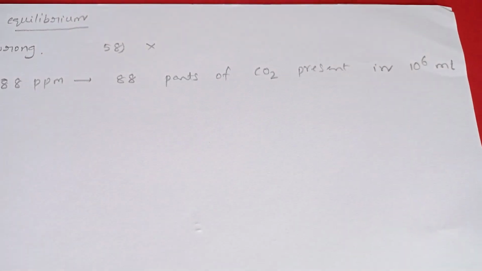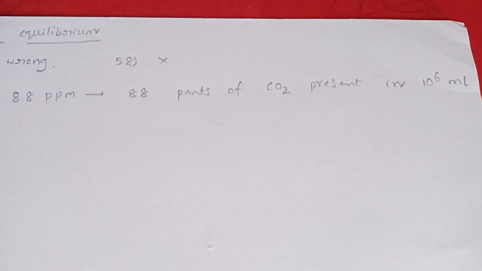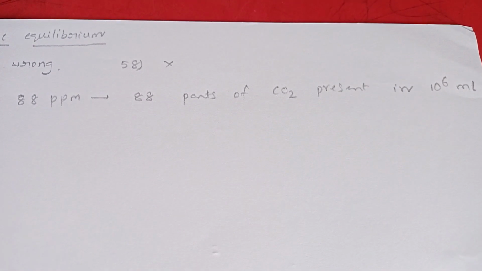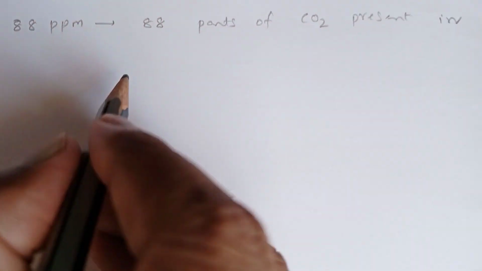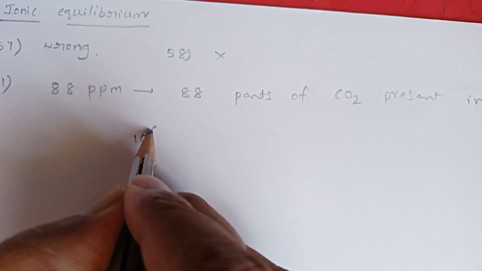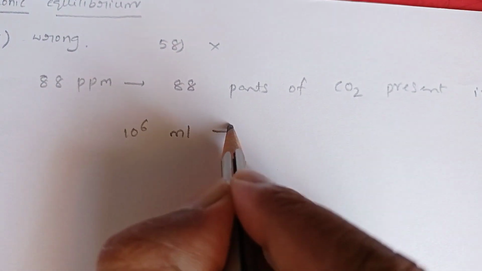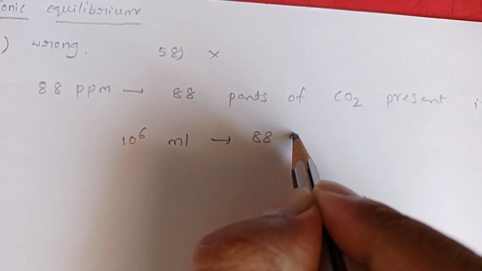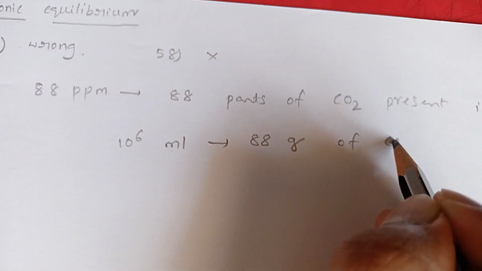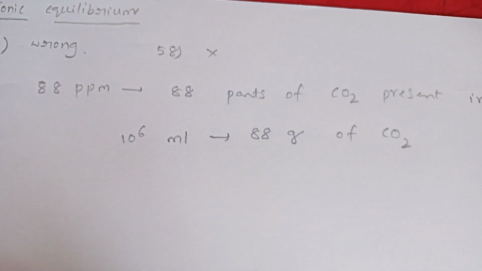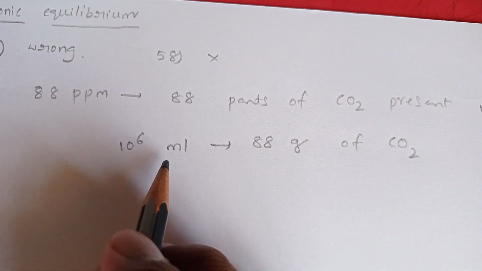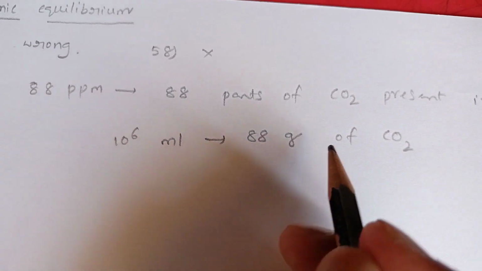This is important. Simply, 10 to the power of 6 milliliters contains 88 grams of CO2. Okay? So 10 to the power of 6 ml contains 88 grams of CO2.